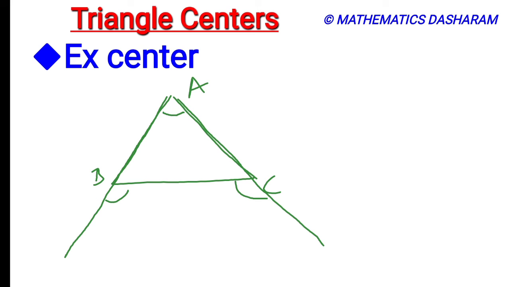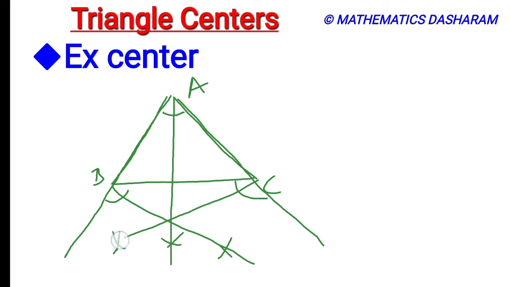So, draw the angle bisector for the interior angle, the angle bisector for one exterior angle, and one more angle bisector for the other exterior angle. The 3 angle bisectors pass through the same point. This is called the excenter.